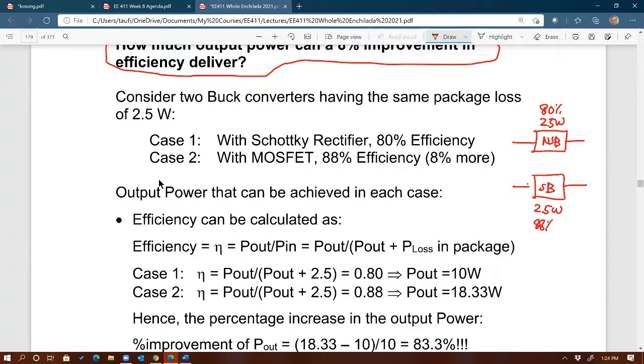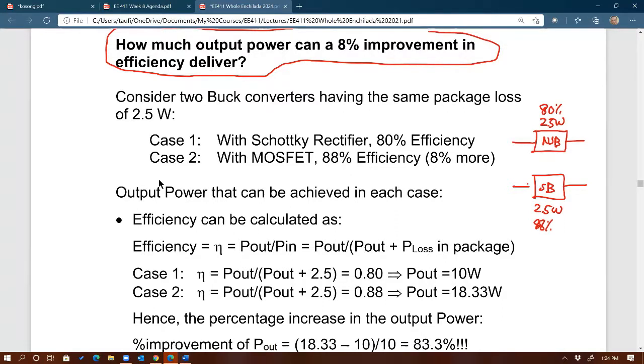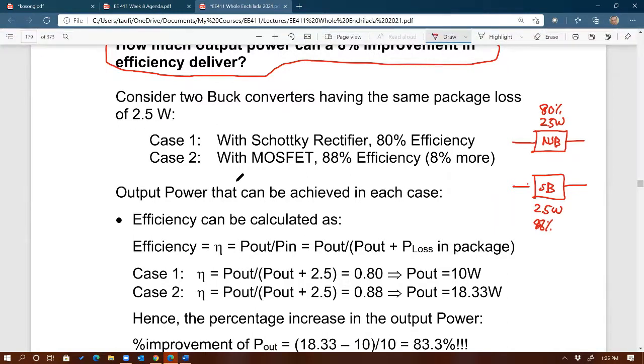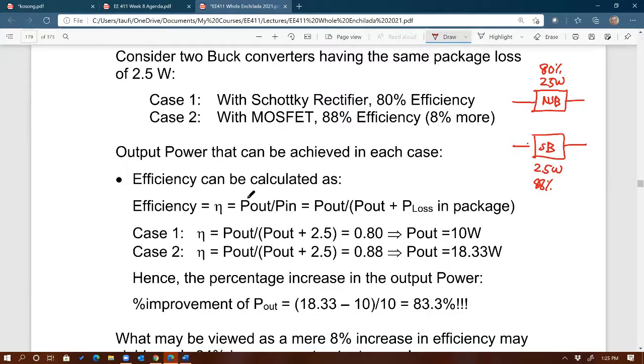If you say, oh, that's only 8% more, well, let's see how much gain you get on the output power by increasing the efficiency by 8%, 80% to 88%. So, the output power that can be achieved in each case. For case number one, first of all, efficiency is P out over P in. P out stays as P out, and P in is P out plus P loss in the package.